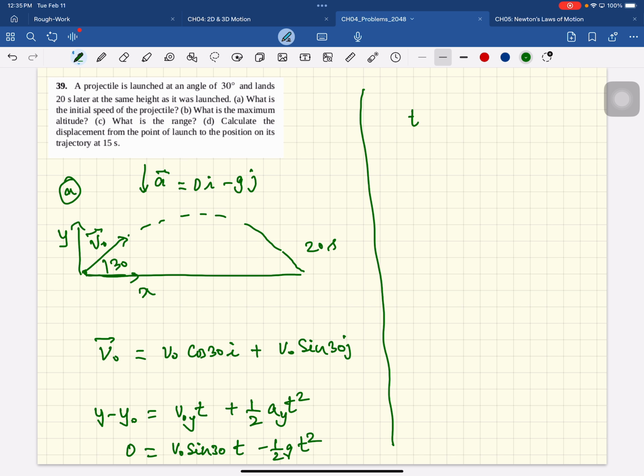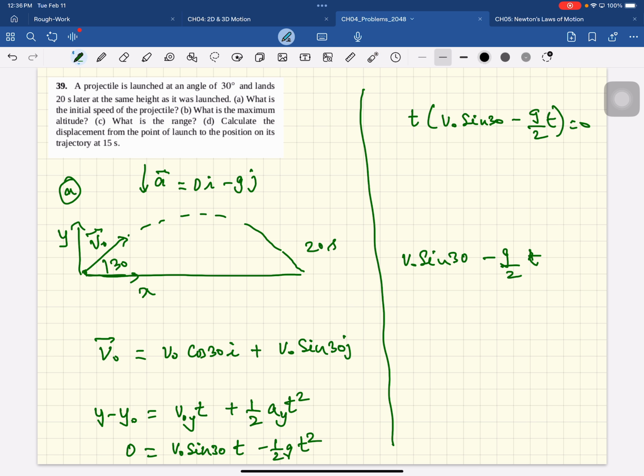And so this equation has two solutions. t equal to 0 is a solution. At t equal to 0 it was there. And the other solution is where v naught sine 30 equals g t over 2, and v naught is what we're solving for, with t equal to 20.